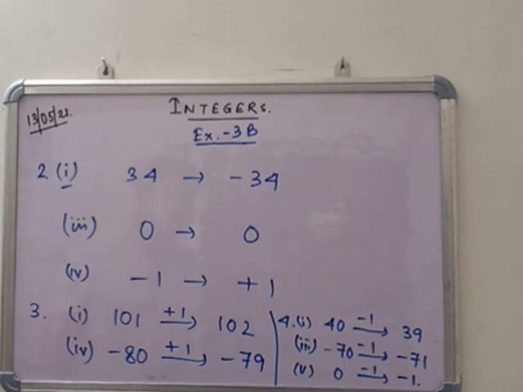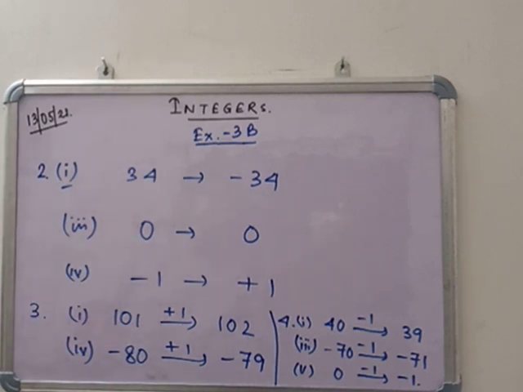And in number 4, minus 80 plus 1 is minus 79. And in number 4, you have to find the predecessor, that means the number before. So 40 minus 1 is 39. Minus 70 minus 1 is minus 71. 0 minus 1 is minus 1.